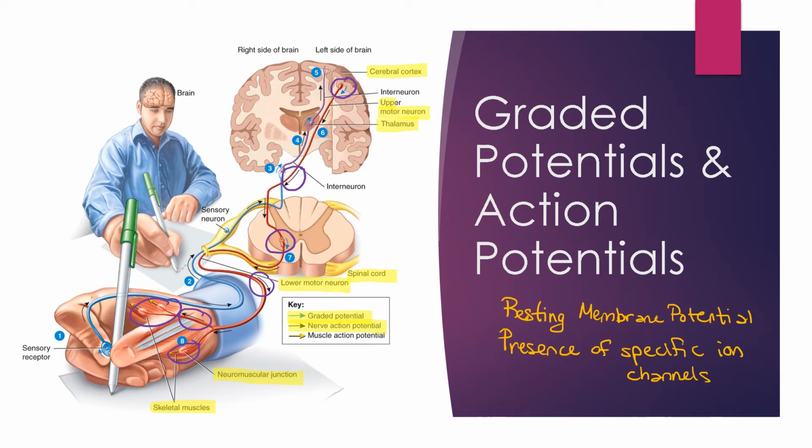These are the two basic features of the plasma membrane of excitable cells that are required for producing graded and action potentials. Like most cells, the plasma membrane of excitable cells has a membrane potential, an electrical potential difference across the membrane. So they're going to have different charges on the outside of the cell as opposed to the inside of the cell. In excitable cells, this voltage or electrical potential difference across the membrane is called a resting membrane potential.